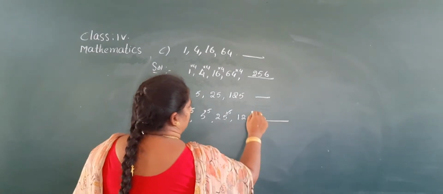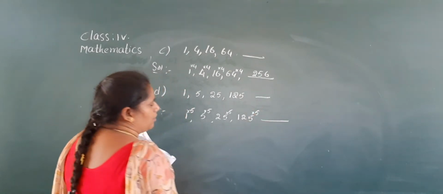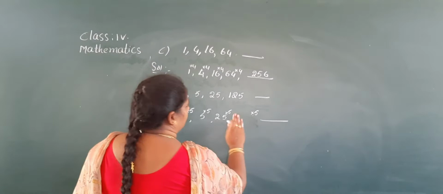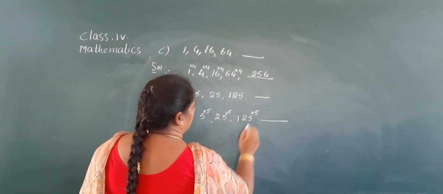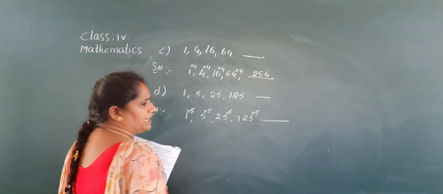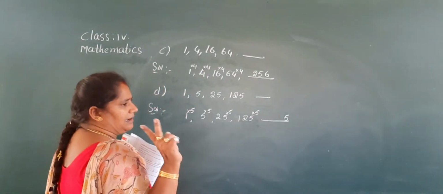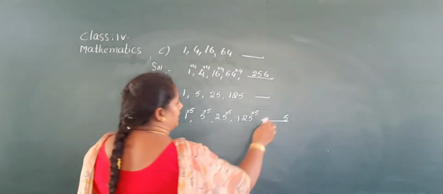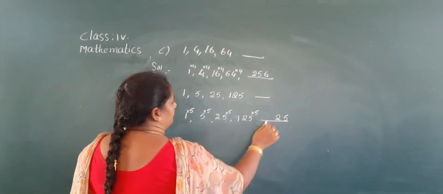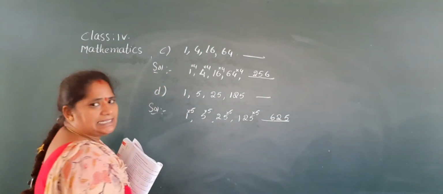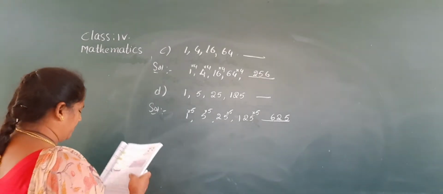To get the next number, we should multiply it by 5. 125 into 5. 5 5s are 25. 2 in hand, 5 is down. 5 2s are 10, 11, 12. 1 in hand, 2 is down. 5 ones are 5 plus 1, 6. 625.